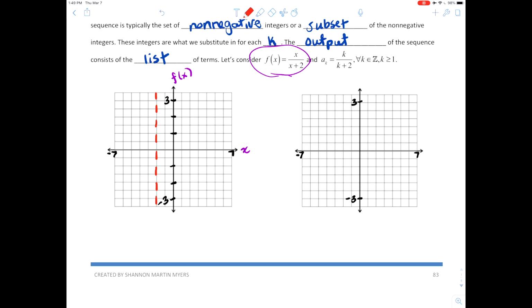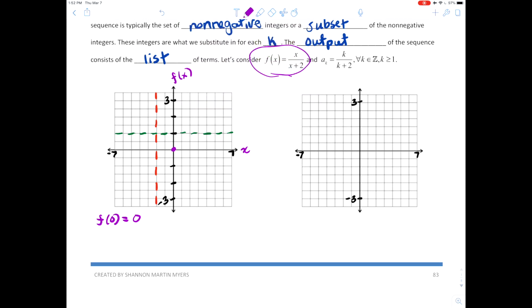Now graphing this one, if you find f at 0, what are we going to get? You plug in a 0 wherever you see an x, and you get 0 over 2, which is 0. Notice we will have a horizontal asymptote at y equal to 1, and that gives us the framework for our graph.